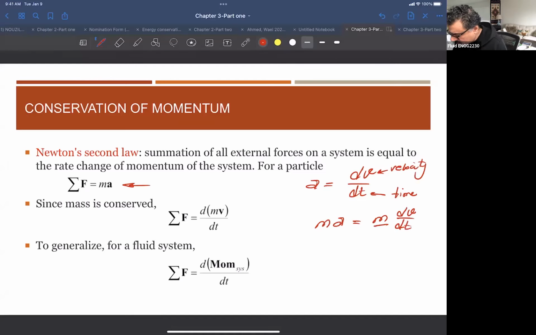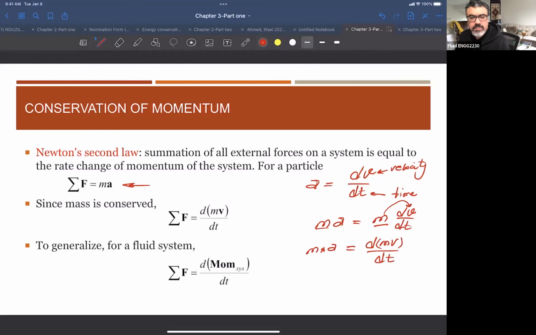And if this mass is constant, I can just take this mass and go after the derivative operator. So it could be d(mV) by dt, right? So the mass times acceleration here will be d(mV) by dt.